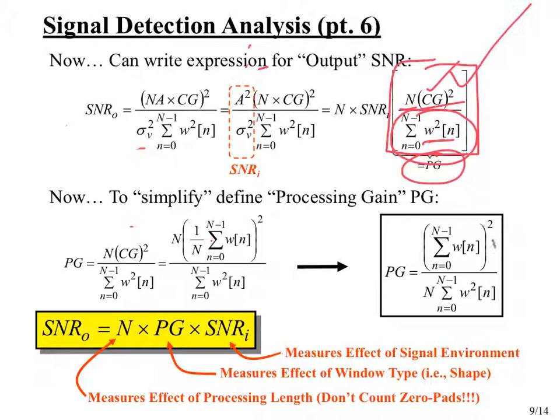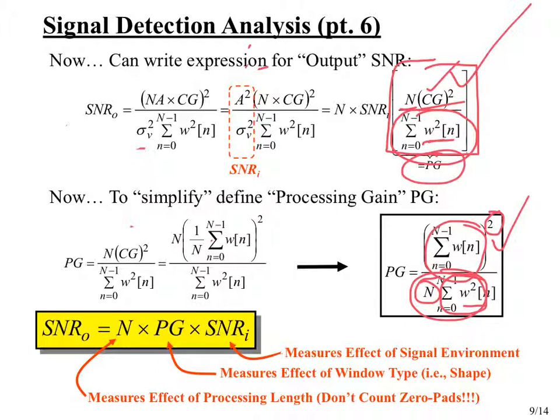Notice that the processing gain is just a characteristic of the window, and in particular the window shape. So what do we have here? And also notice that if we have a rectangular window, this is going to end up being n squared, and 1 squared is still 1, so that'll be n times n, which is n squared.